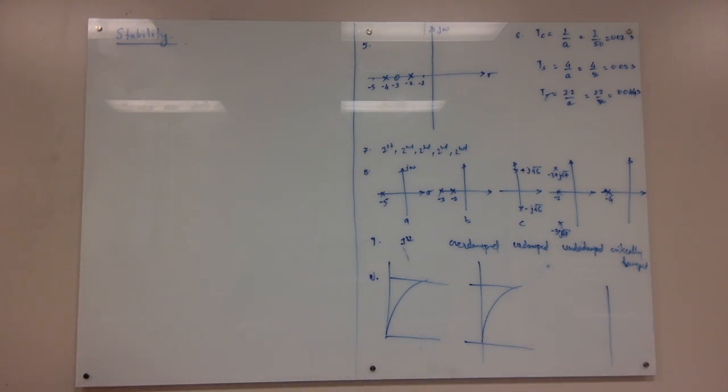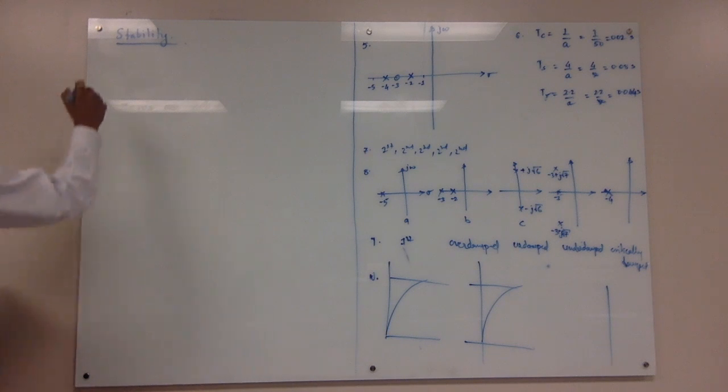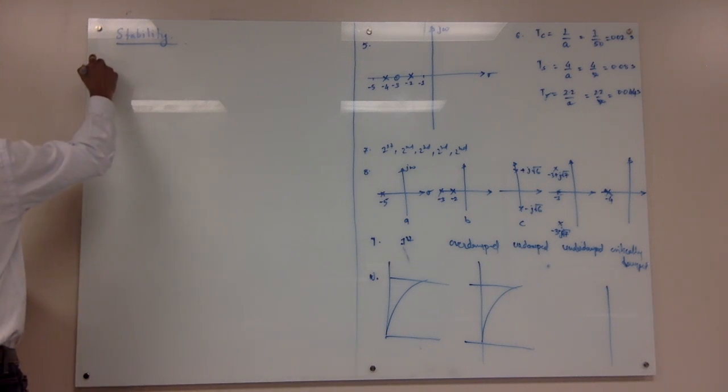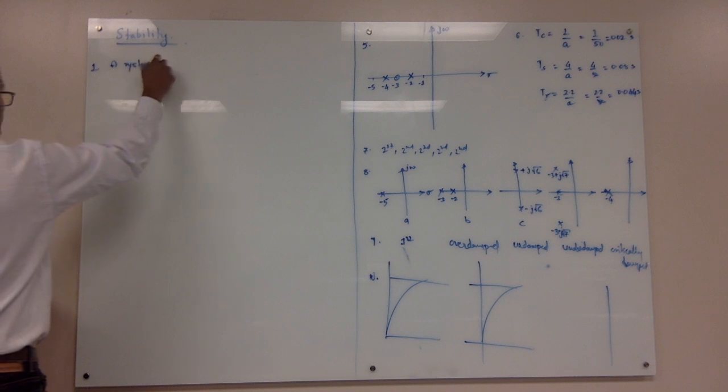When is a system stable? Until now, what have you learned about stability? Stability is the initial tendency of the system to do something when it's disturbed from equilibrium.